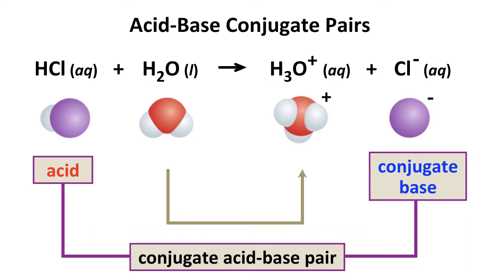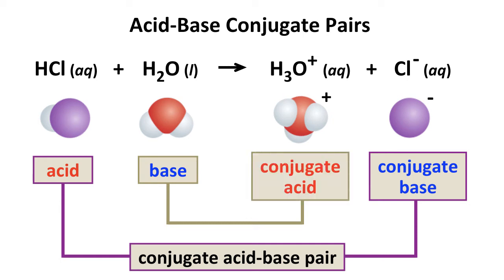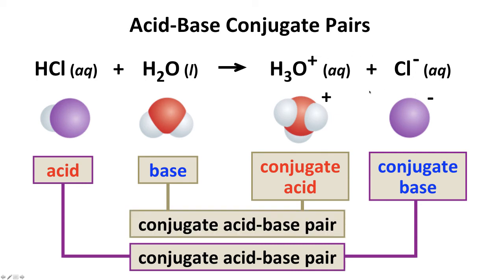And so this pair of substances only differ by an H plus as well, by a proton, and H2O accepts a proton from HCl, so it's a base, a Bronsted Lowry base, and the H3O plus is its conjugate acid. And again, if we could go in reverse, H3O plus could function as an acid by donating a proton to the Cl minus, and so H2O and H3O plus are another conjugate acid-base pair.